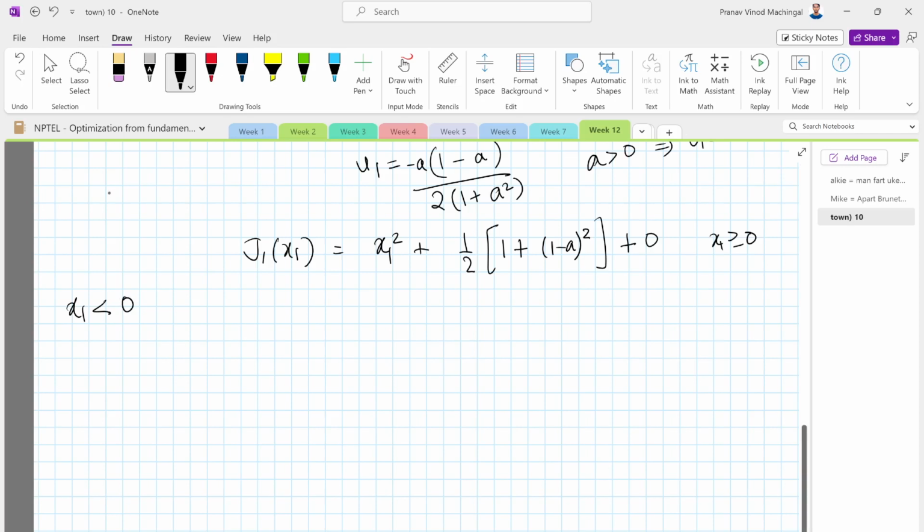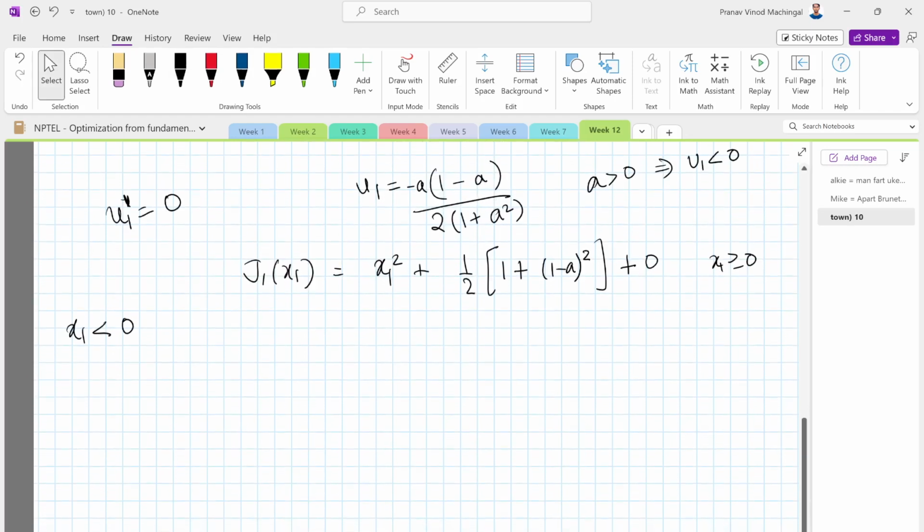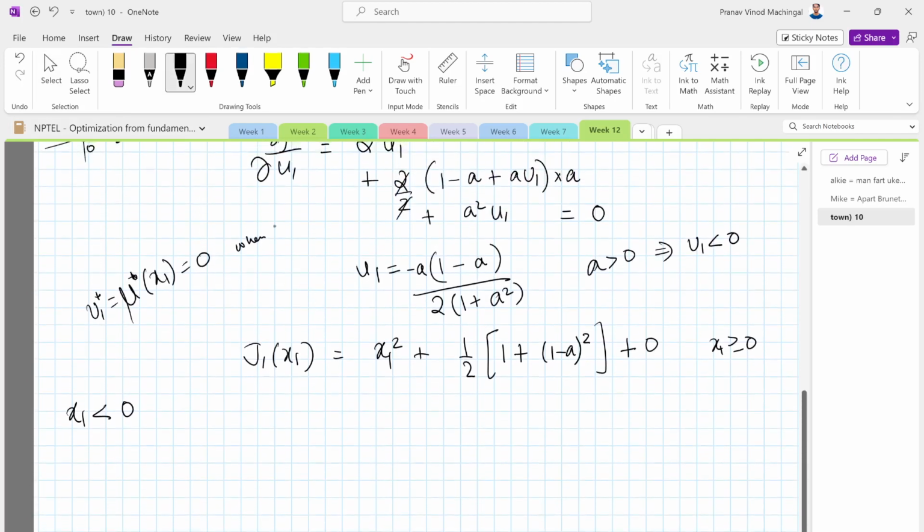So from this, your optimal u1 star, your policy is something like this, right? u1 star is equal to 0 when x1 is greater than or equal to 0.